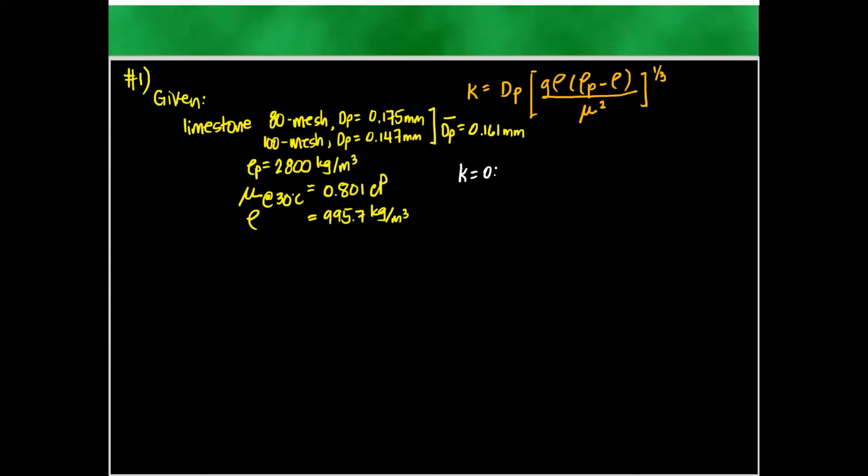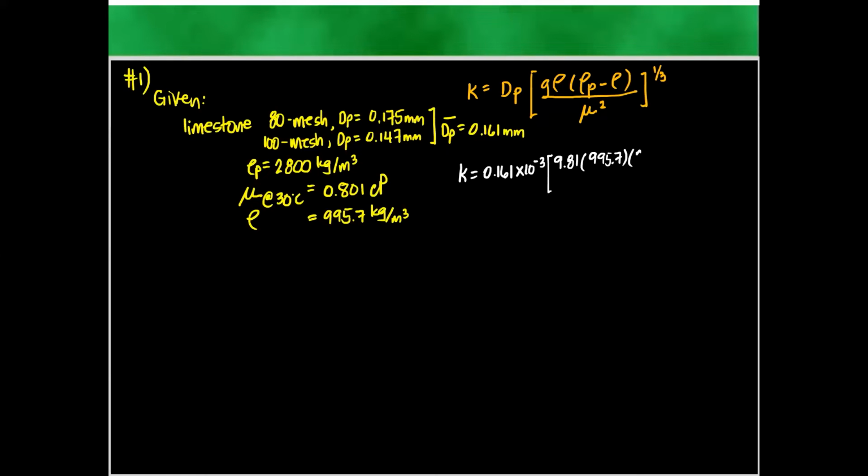So let's try substituting everything. K would be 0.161 times 10 to the negative 3, times 9.81, and then the density is 995.7.